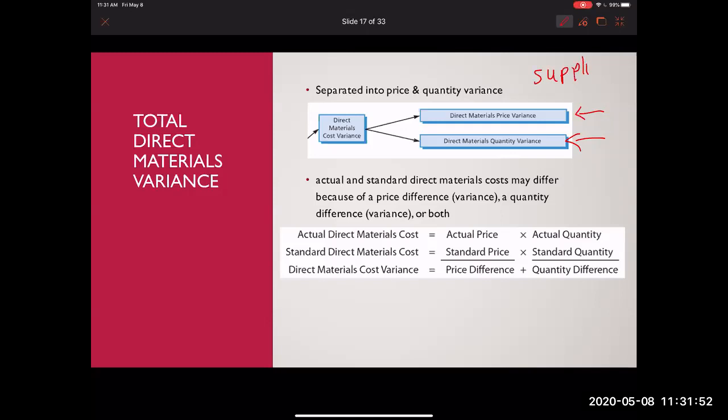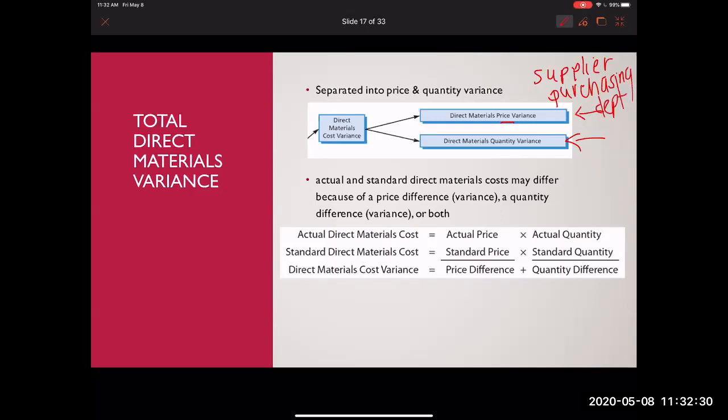So if they're buying the materials at a higher price, and if I'm being asked to explain a variance, then maybe the accountant, I am going to go to the pricing manager and say, hey, I see this large variance and it's primarily due to price. And so that would probably be my point of contact when trying to understand why there's such a huge variance. Okay, so that one usually primarily relies in the purchasing department.